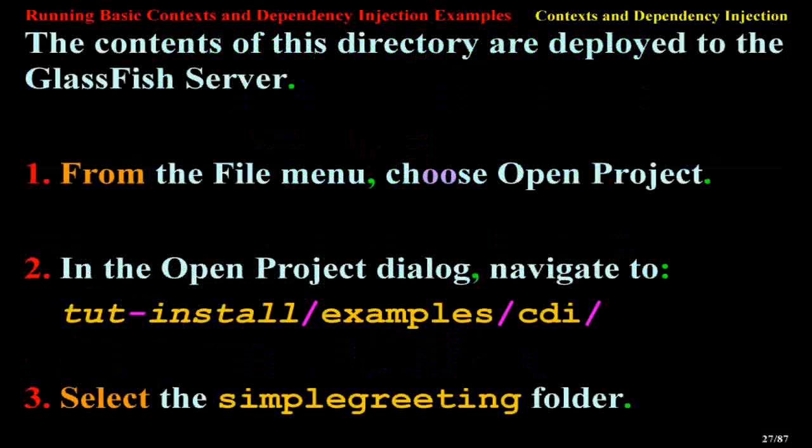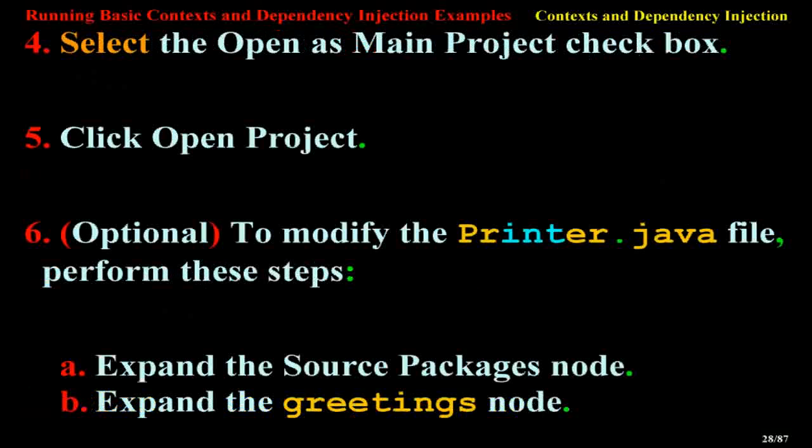From the File menu, choose Open Project. In the Open Project dialog, navigate to tut-install/examples. Select the simplegreeting folder. Select the Open as Main Project checkbox. Click Open Project. Optional: to modify the Printer.java file, perform these steps.